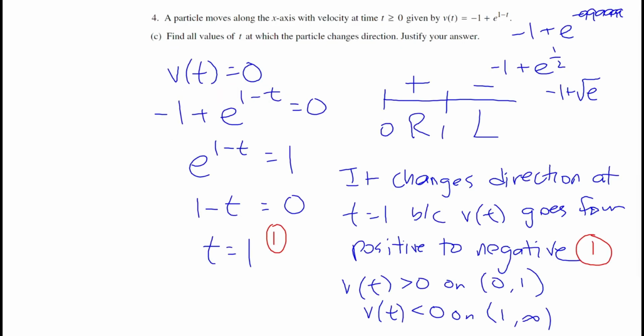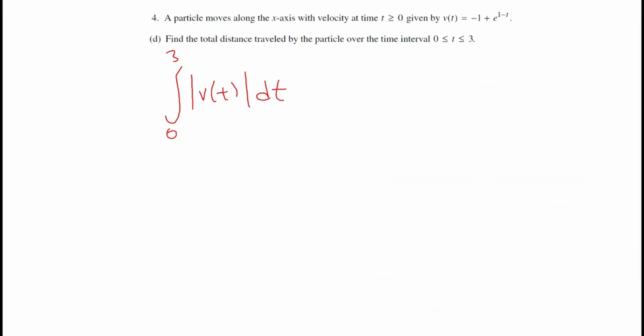And in part D, it asks us for the total distance traveled by the particle on this interval. Well, total distance traveled is an integral of the absolute value of the velocity. We knew the velocity already from the previous problem: it was positive on 0 to 1, but negative on 1 to 3.